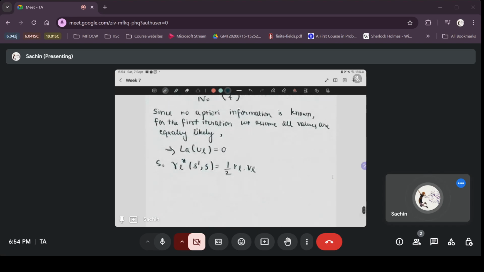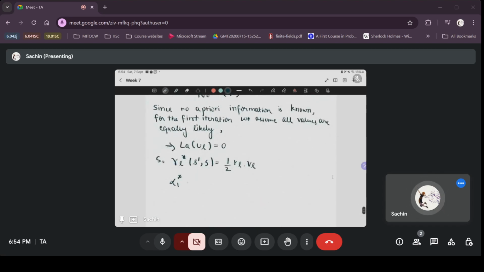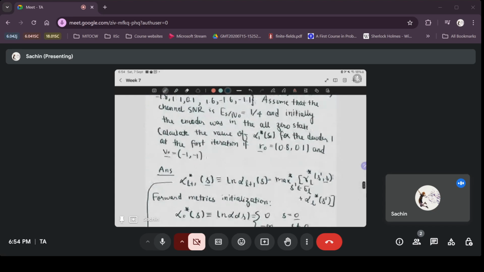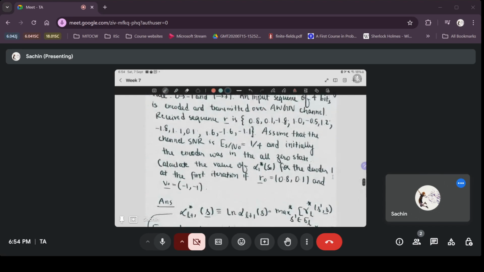That would mean that alpha 1 star of S0 is half of R0 dot V0. R0 is the first received vector for decoder 1.